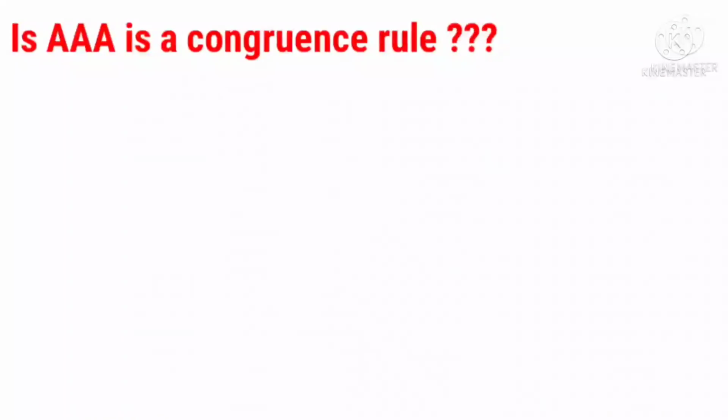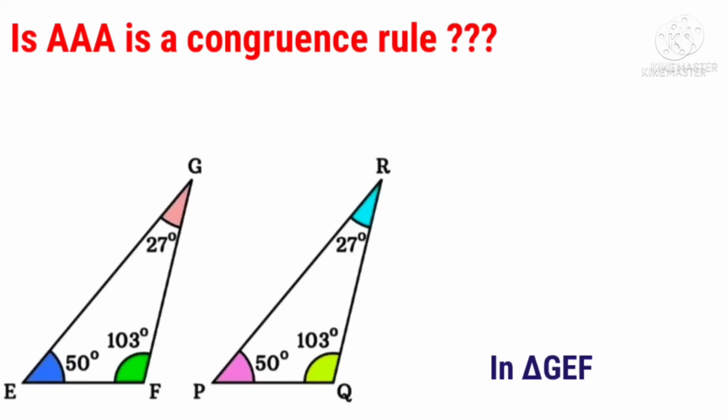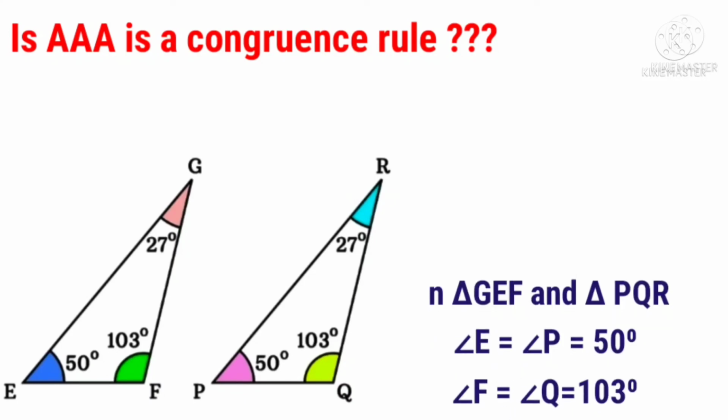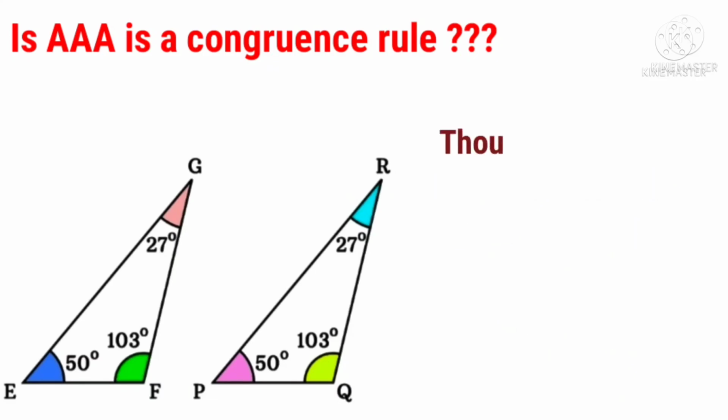Now you may get one doubt. Is AAA also a congruence rule? Exactly, we can say no, it's not a congruence rule. Even though the corresponding angles are equal, we cannot say these two triangles are congruent.